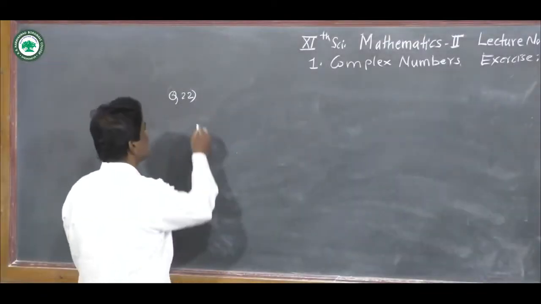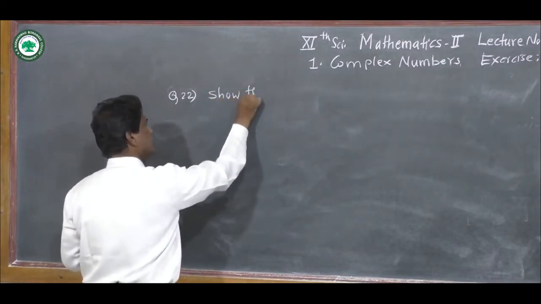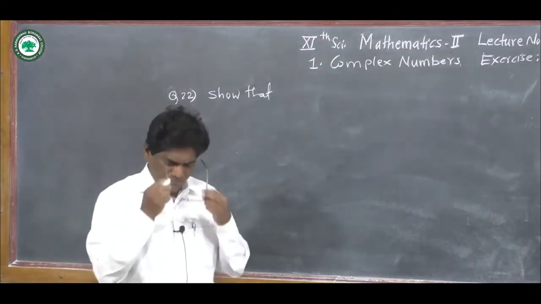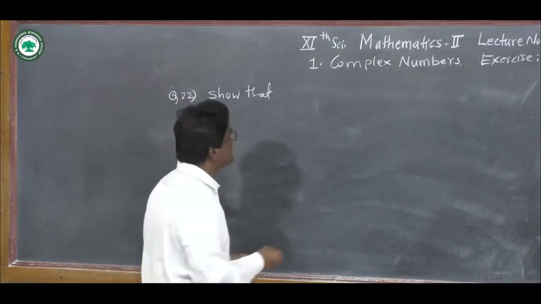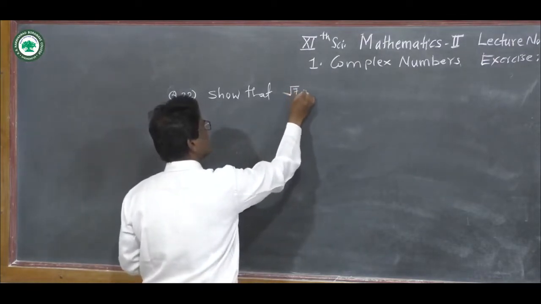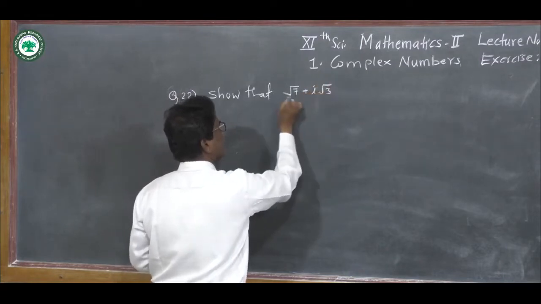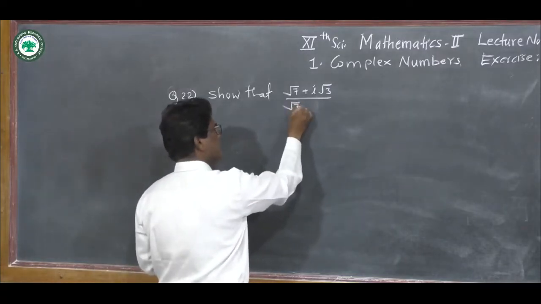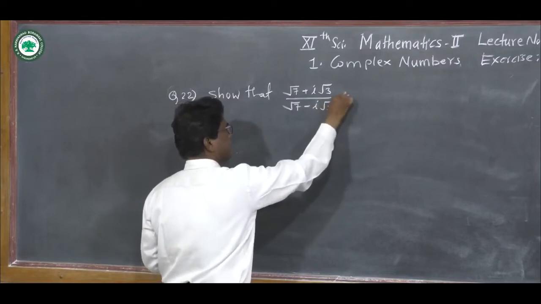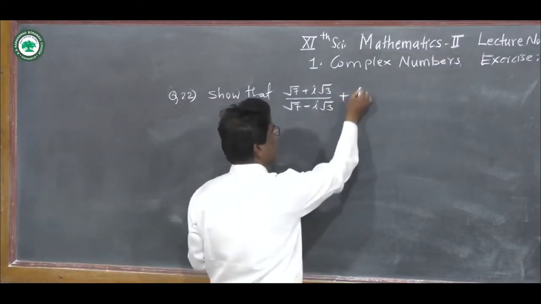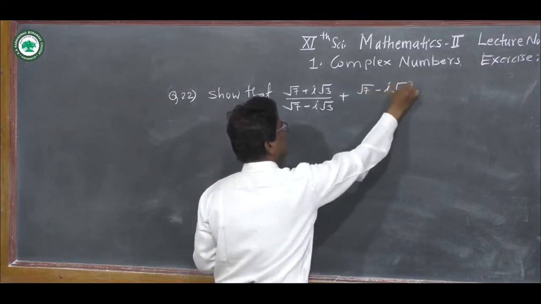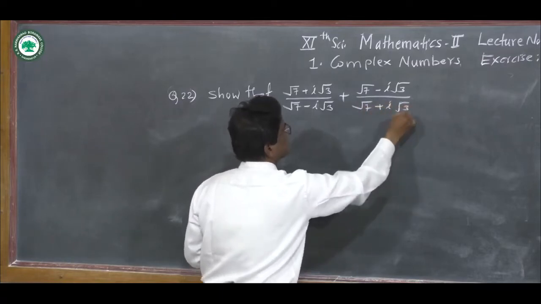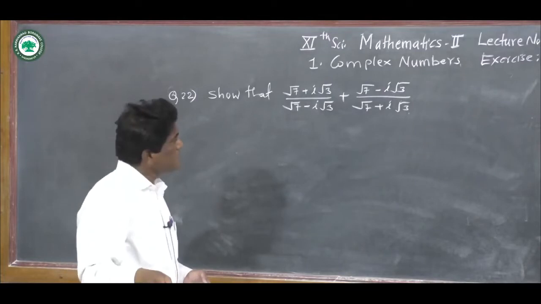Show that (√7 + i√3)/(√7 − i√3) + (√7 − i√3)/(√7 + i√3) is real.